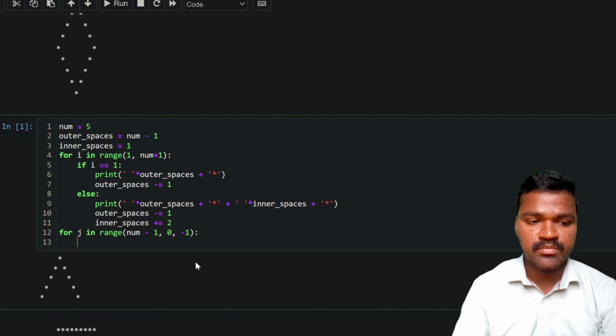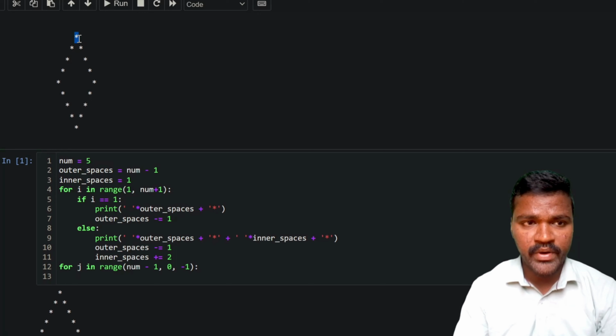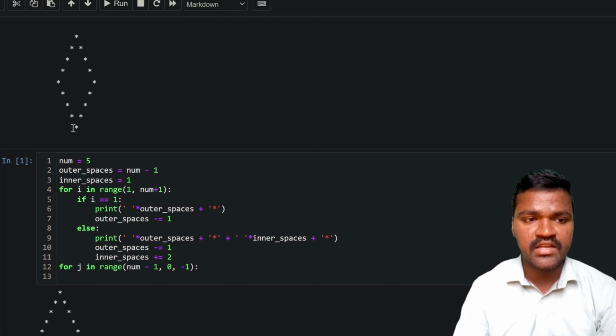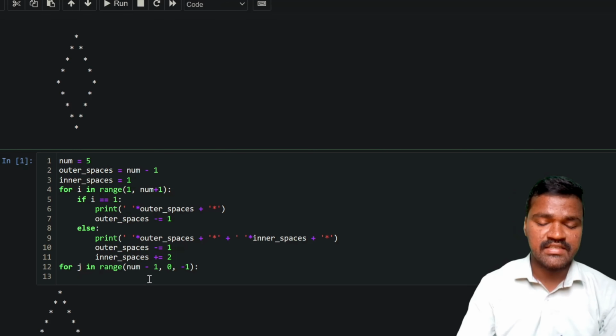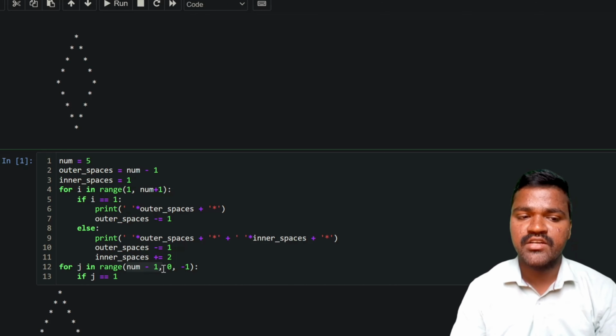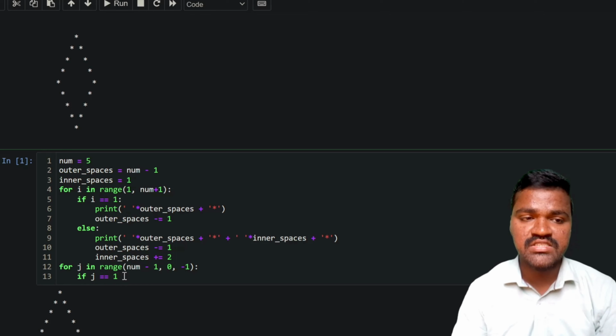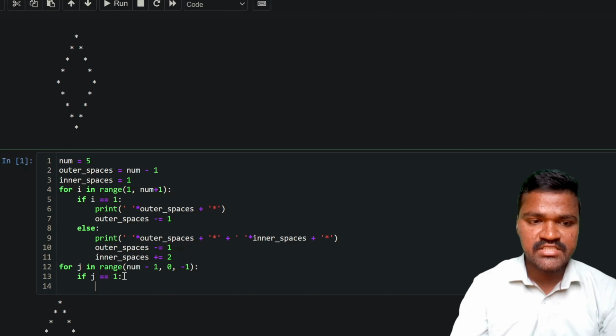Now if you carefully see here, as in the above pattern, in the below pattern we also have a single star. How we can handle that is by mentioning j equal to 1, because in this iteration we start with 5 and keep reducing to 1. If this j value equals 1, I will just print a single star.